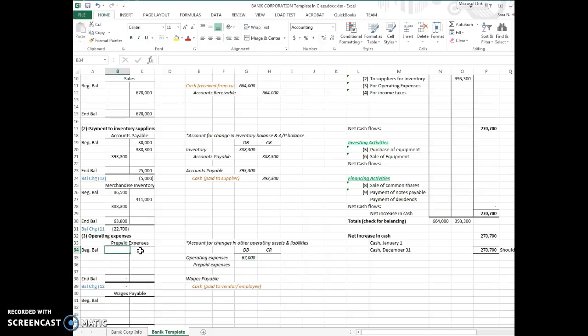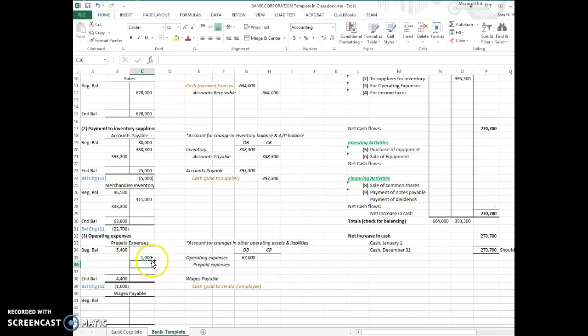So I'm going to go ahead and drop in my beginning balance for prepaid expenses. And I'm also going to pay attention right away to that ending balance of $4,400. So if I started with a beginning balance of $5,400 and I had an ending balance of $4,400, that lets me know that we must have had then a cash transaction of $1,000.